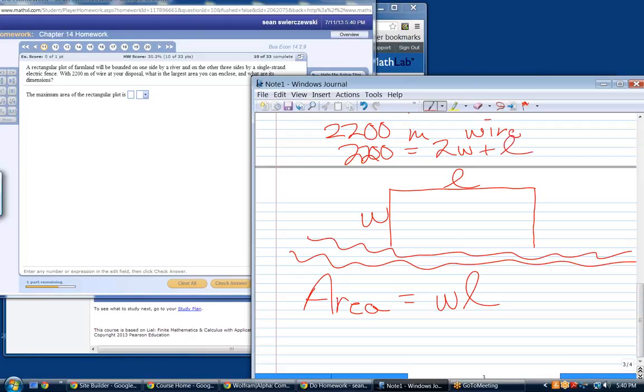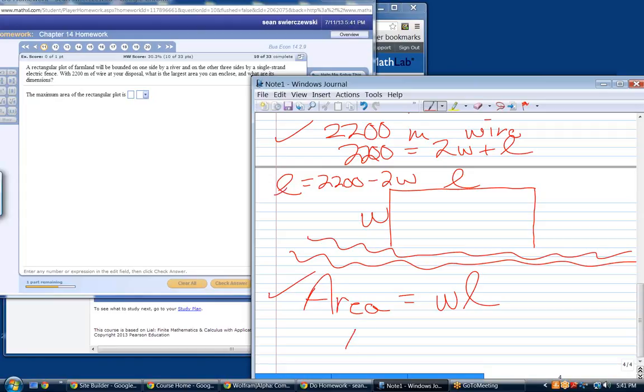Now, this is the way you want to do all optimization problems. You want to define your primary function to be optimized, and then they give you enough other information that you can define a second equation in those same two variables, which means we can now define L as a function of W. If I solve this first one for L, I get L equals 2,200 minus 2W.